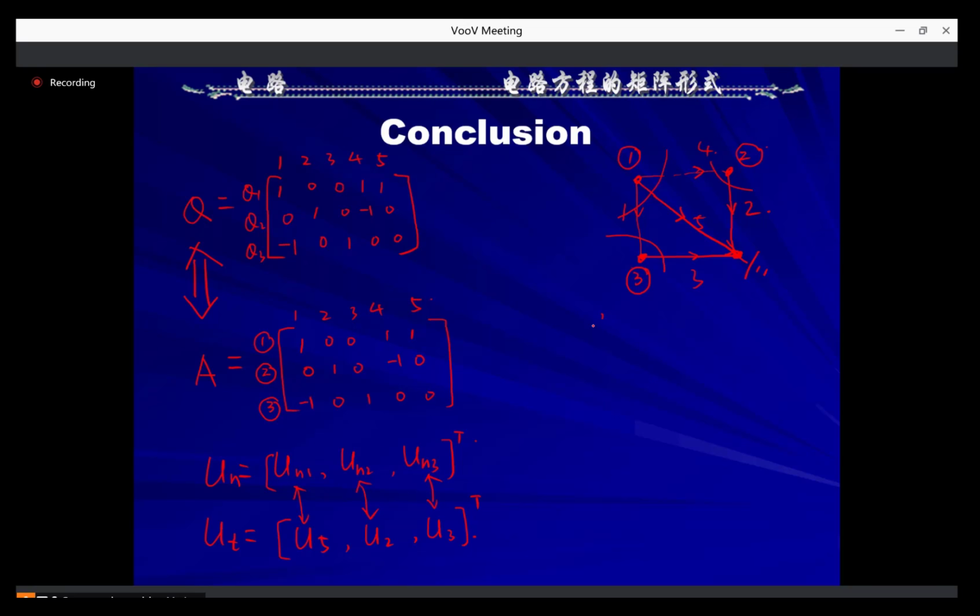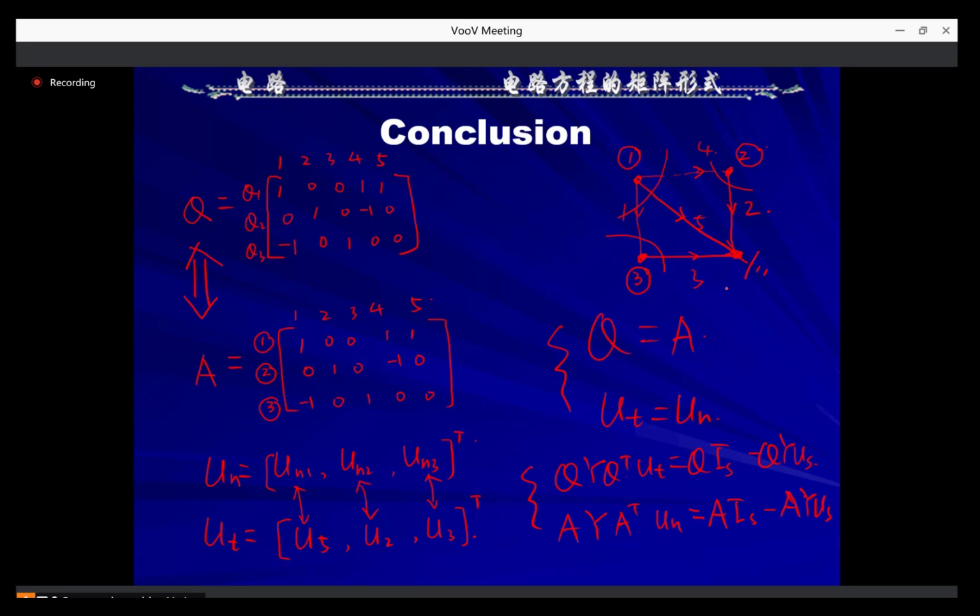So Q equals A, and UT equals UN. So these two functions, Q Y Q transpose UT equals QIS minus QYUS, will equal A Y A transpose UN equals AIS minus AYUS.